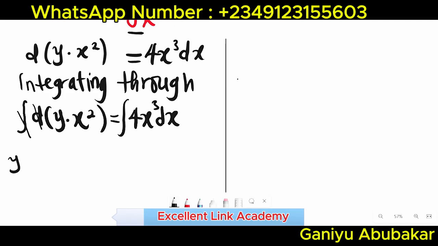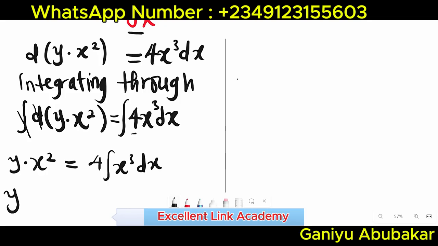So I have y times x squared on the left, equals, and to integrate this I'll apply the general method of integration. To solve a problem of this nature, bring the constant term, that's 4, outside the integral sign, x cubed dx.